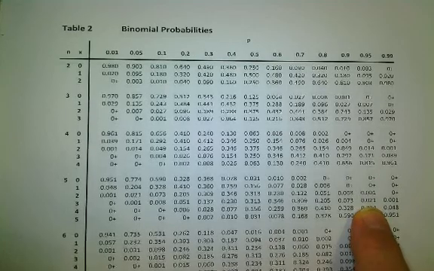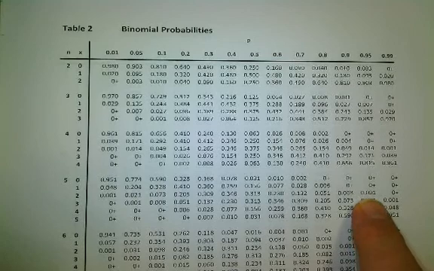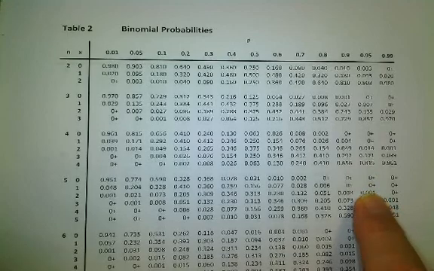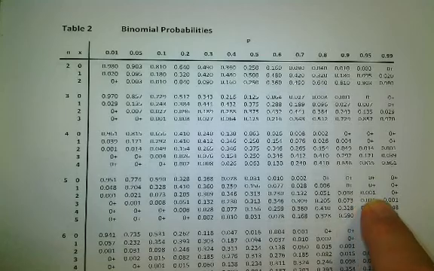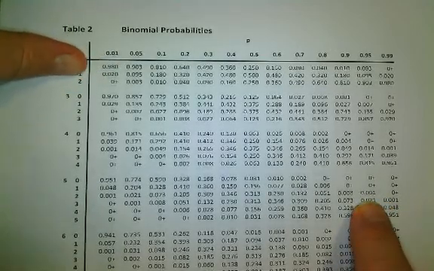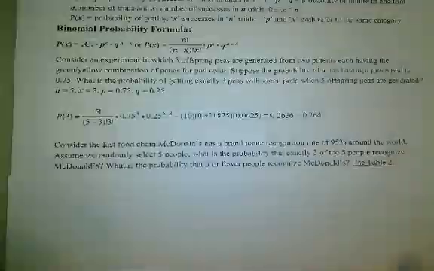Now, how about 3 or fewer? It would just be adding up the 0.021, the 0.001, and then the 2 0 pluses. Remember that 0 plus means that it's insignificant, that it would have even more zeros before we got to a number. And so 0.021 and 0.001 would give us 0.022.